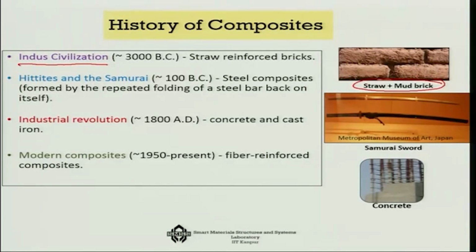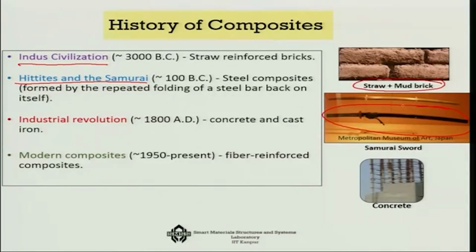Another interesting example of the composite is the samurai's steel composites, which is of course used for the famous samurai swords. There the steel composites, you may say that's the beginning of something like cast iron kind of things, but they have two different types of metals or metallic systems which are actually bonded together through a heating and beating procedure.